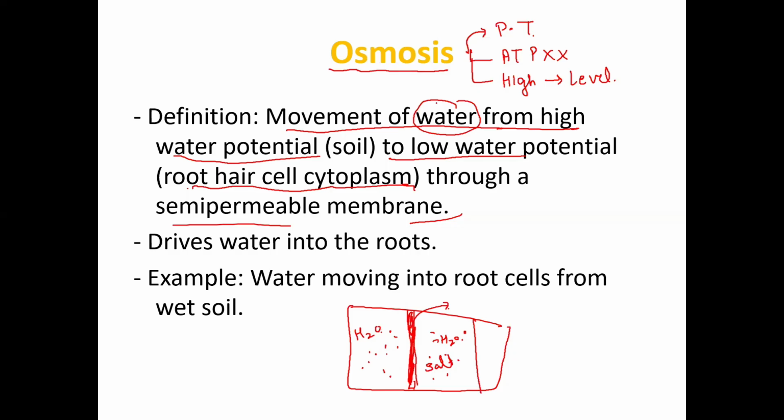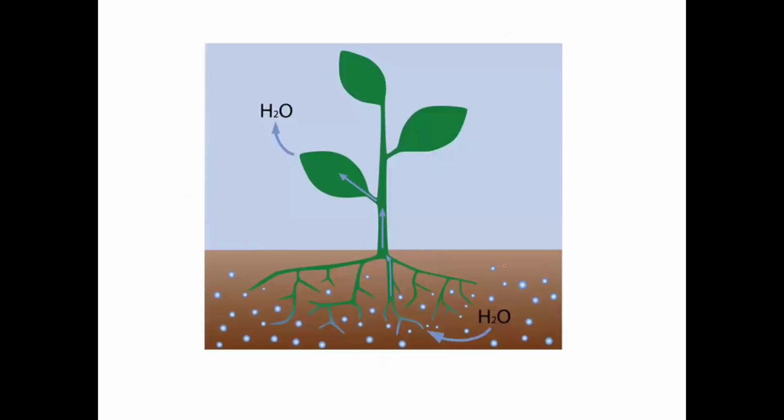So the movement of water molecules from high level to low level of water is called osmosis, or we can say water moves from where there is more water. If there are 100 molecules of water on one side and only 10 on the other, it always flows from high to low, through a thin semi-permeable membrane.